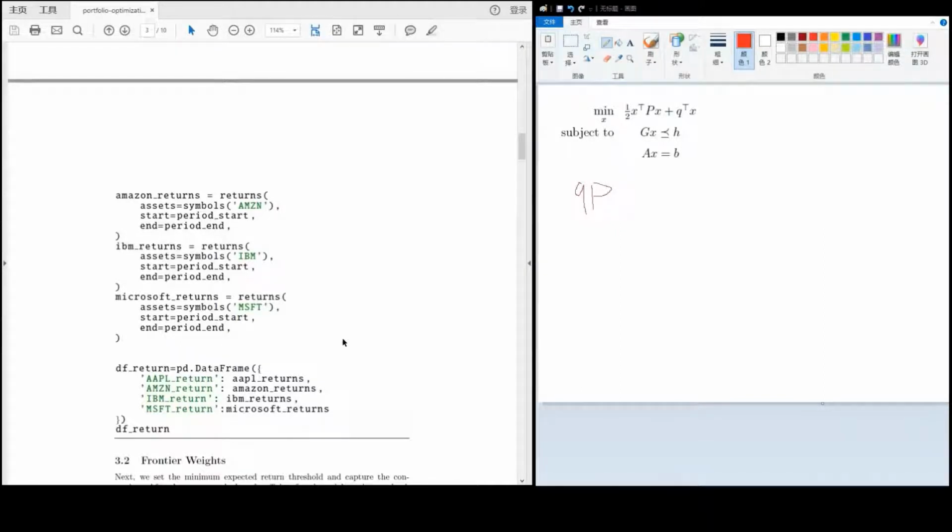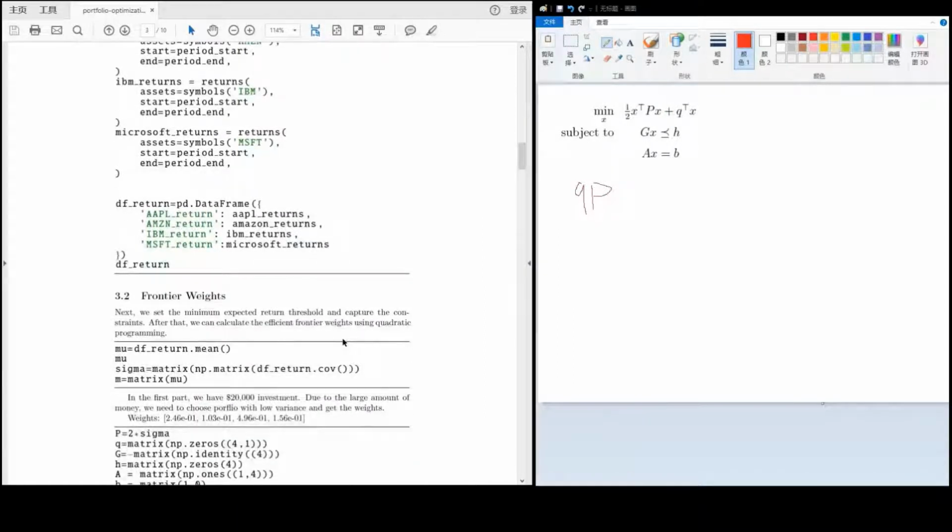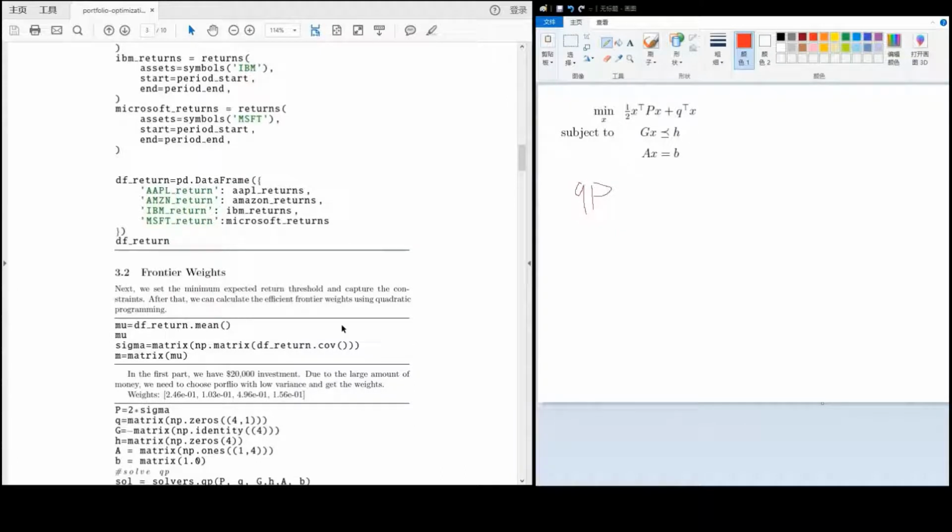Now we have 3 investments, which are $20,000, $5,000, and $1,000. For the first portfolio, which has a $20,000 investment, we need to minimize its variance due to the large amount of money.